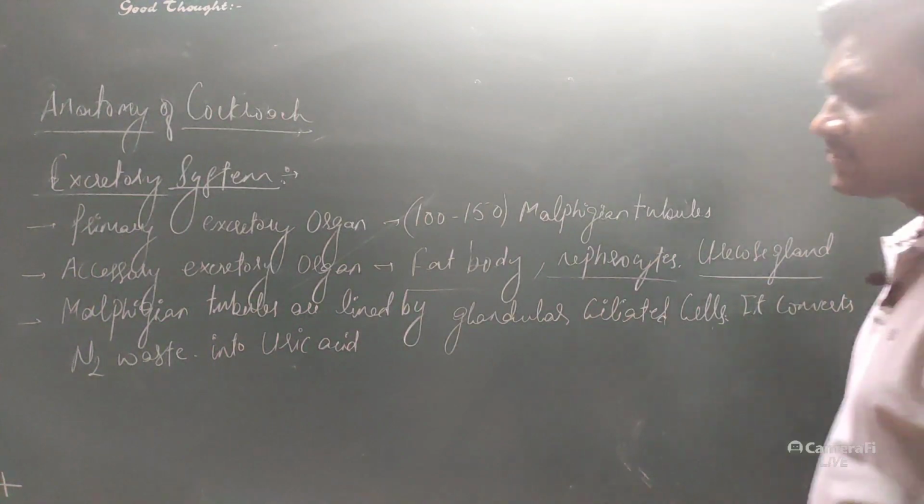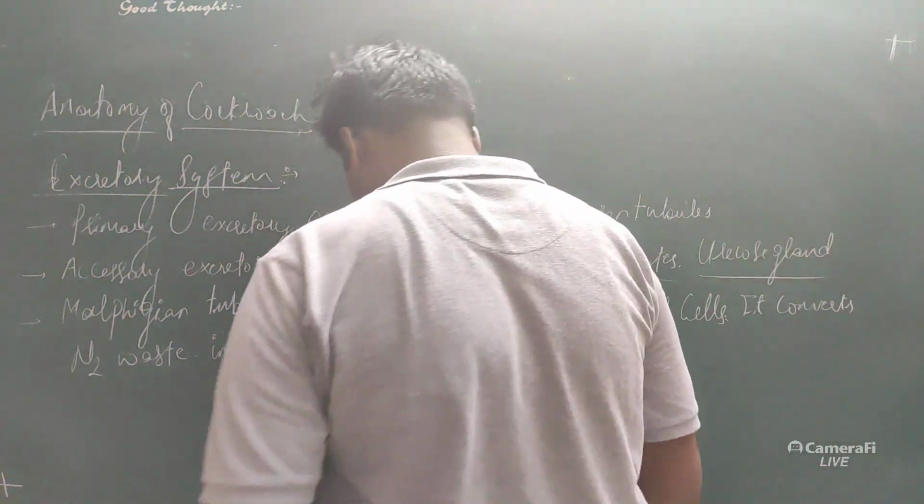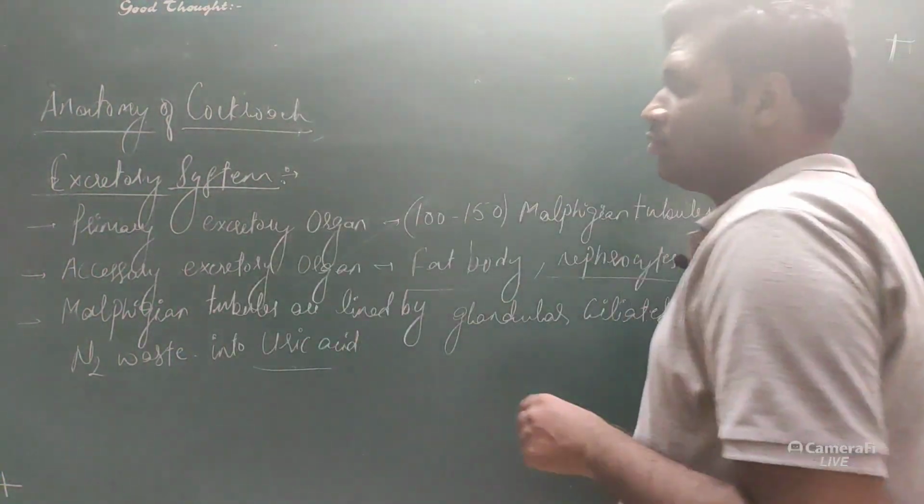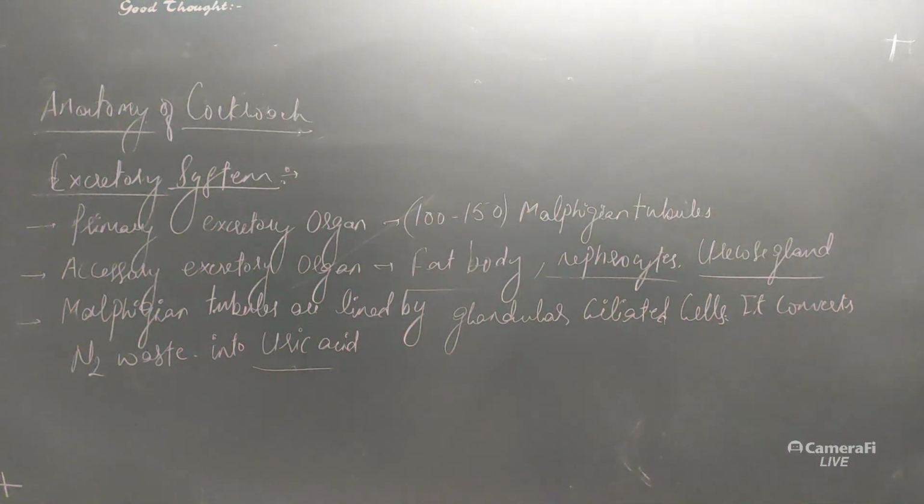Okay, so these animals are uricotelic. So these are the uricotelic type of animals. So this is what about the excretory system.